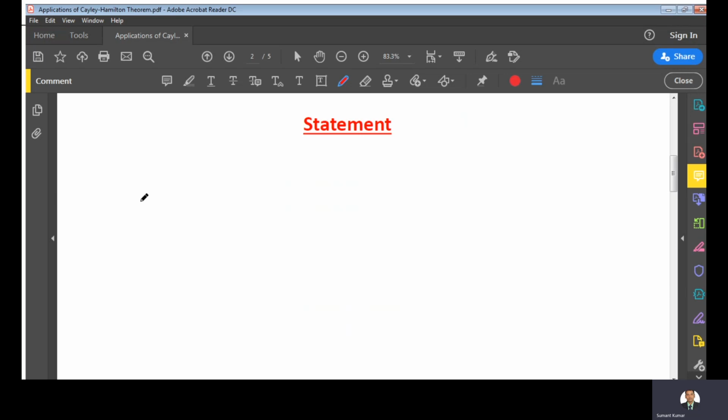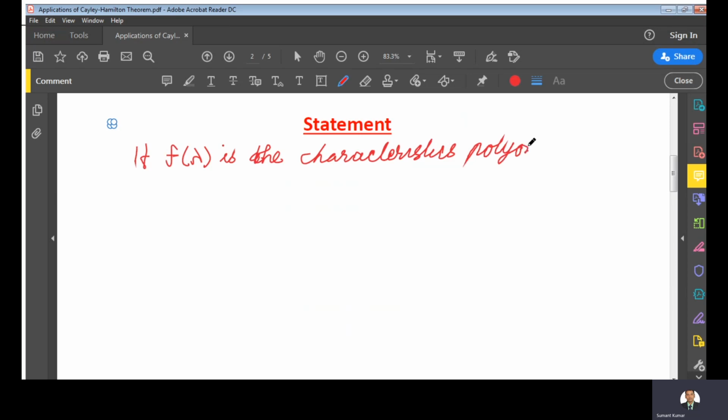express it mathematically? So see, suppose f of lambda is the characteristic polynomial corresponding to a square matrix A. Then what happens?